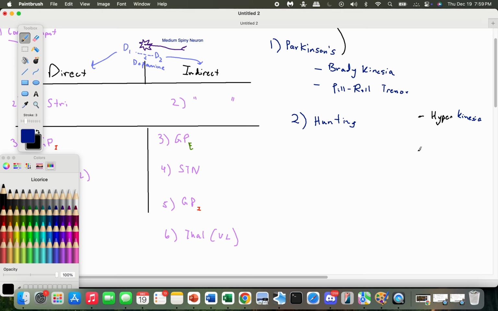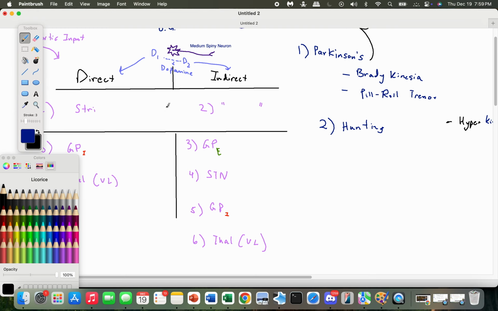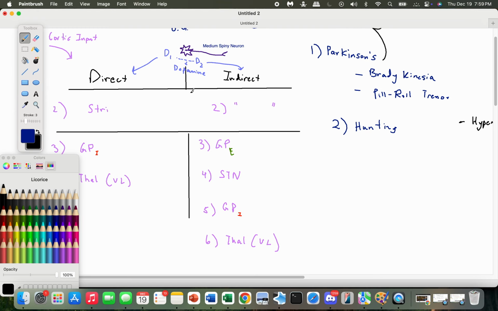So why are we even getting Huntington's disease presentations? Well, remember how I said Huntington's disease primarily affects the striatal regions? Is that not this step right here? Yeah, actually it is, and you would be totally right to assume that. So Huntington's disease is a disorder that affects the striatal regions. And what's within the striatum?